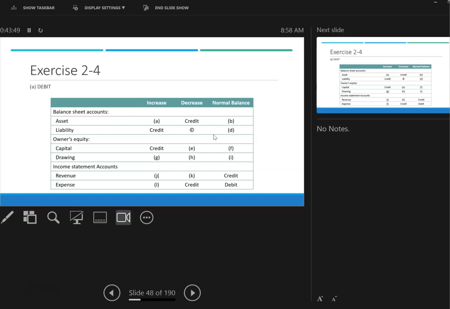What is the normal balance of an asset? It's a debit. When a liability is increased, what do we do? We credit it. What do we do to decrease? Debit it. What is the normal balance of a liability? A credit.